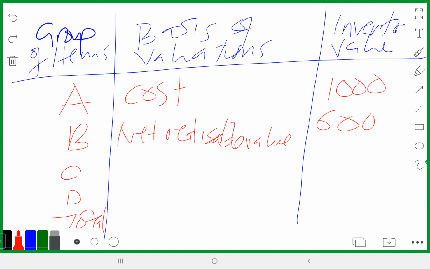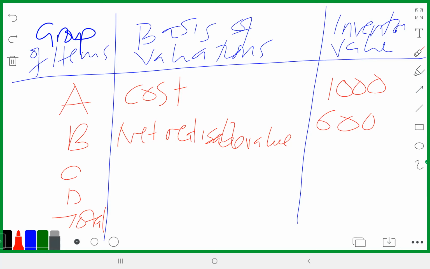I'm repeating, the net realizable value is the same as selling price less cost of selling. It's also a basis of valuation. Even you can value this at cost. Cost is also a basis of valuation, like the first one was valued at cost.